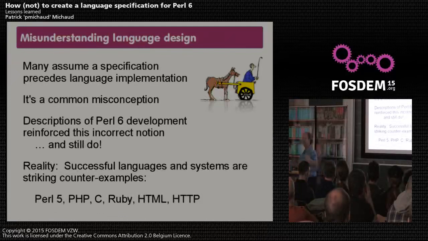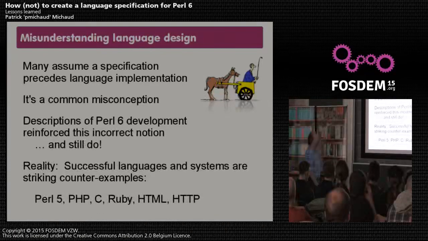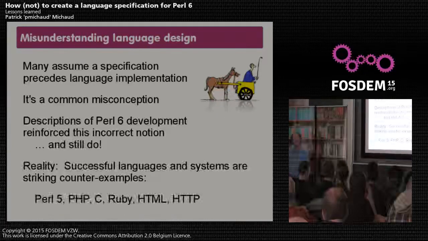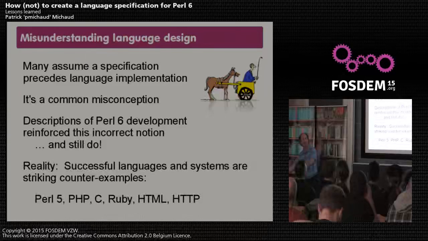You can create a successful language without having a specification to begin with. PHP didn't have a specification until 2014. Ruby, HTML, HTTP, all of these different systems that we use every day, that would be held up as the primary systems that have been very, very successful, all started out with an implementation first and then were later converted into a specification.